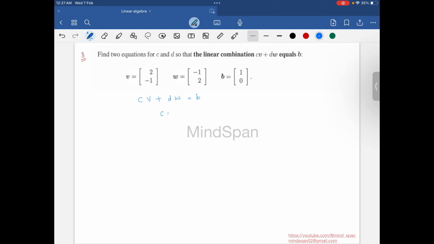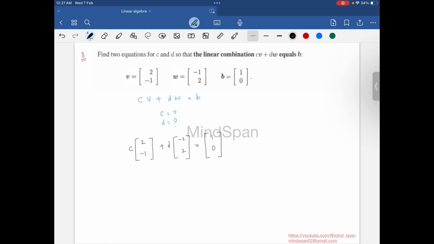We have been asked what is c and what is d. So proceed as usual. You have c times v, that is (2, -1), plus d, which is not known to us, times w, which is (-1, 2), and what we want is (1, 0).